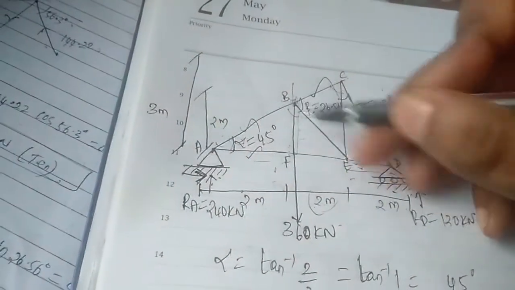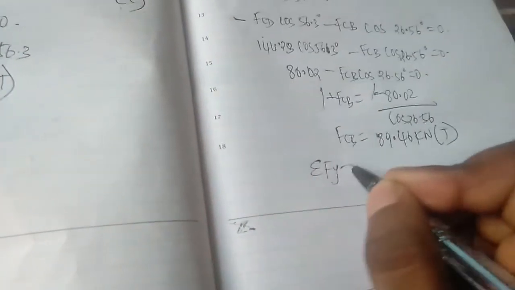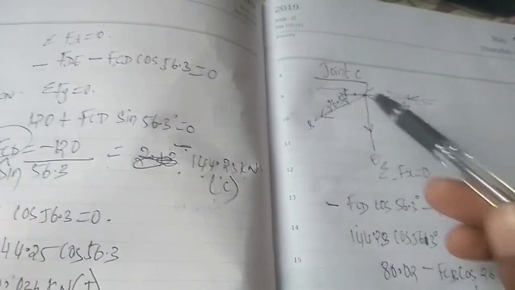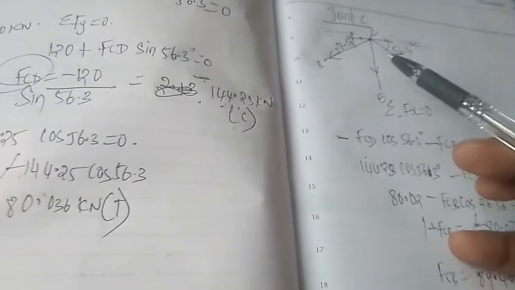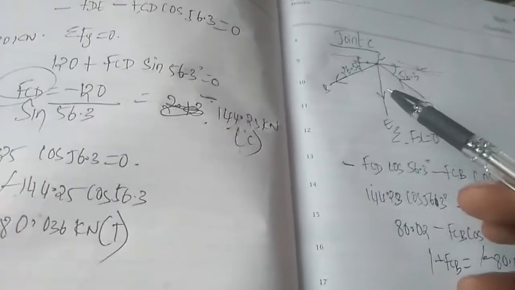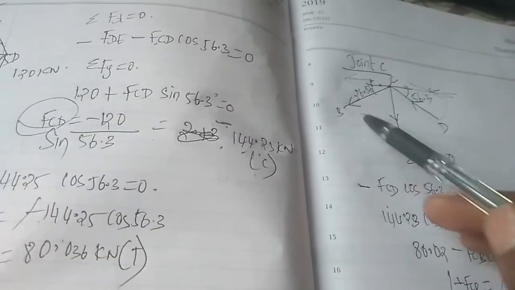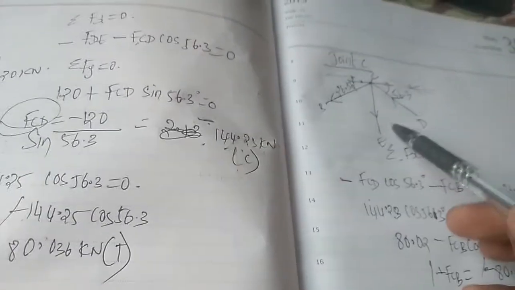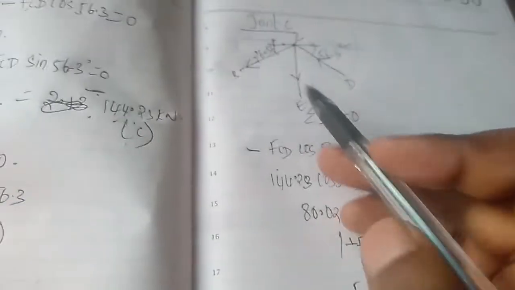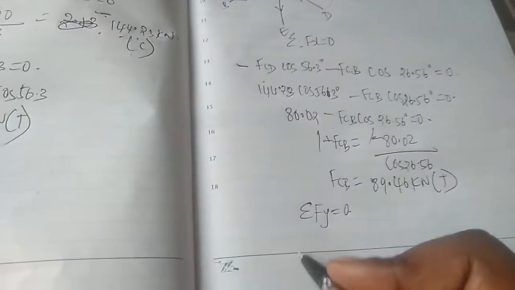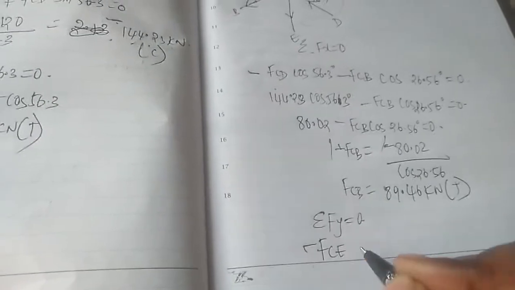So now you have to find FCE. So summation of forces in y direction is equal to 0. What are the forces in y direction? Only the force FCE is in y direction, and these inclined forces can also be brought to vertical components in y direction. So how will you calculate? See, it is in downward direction, so minus FCE.